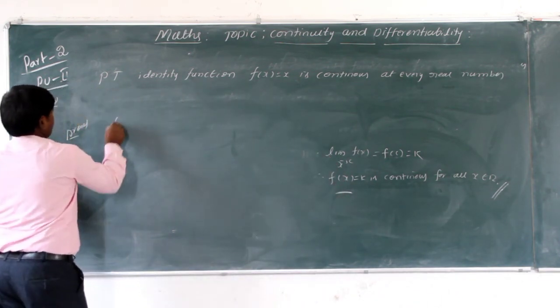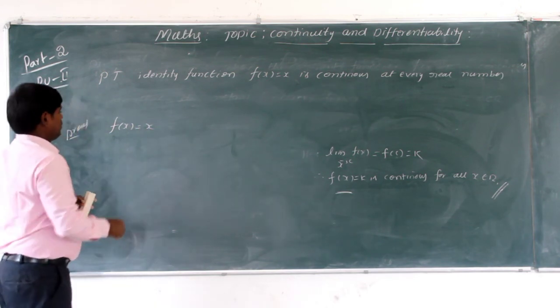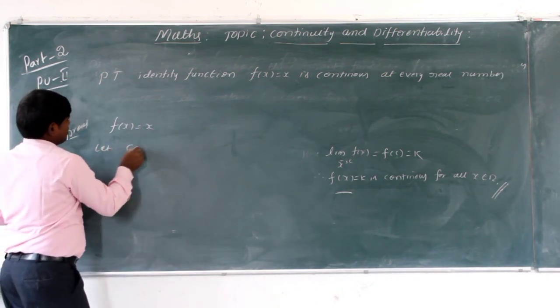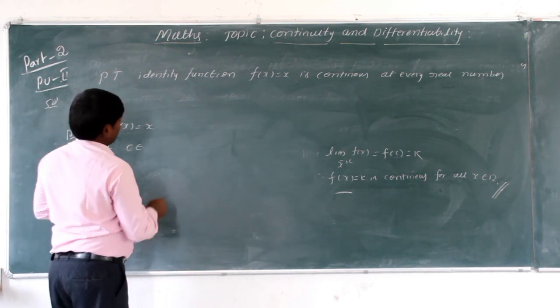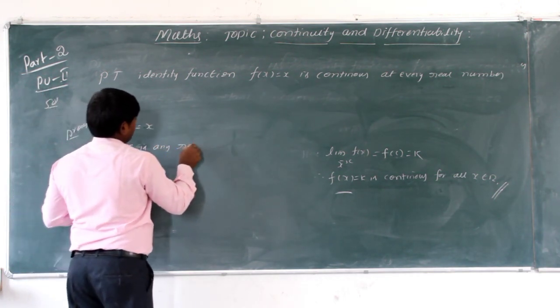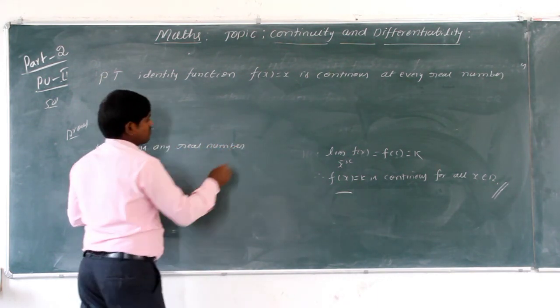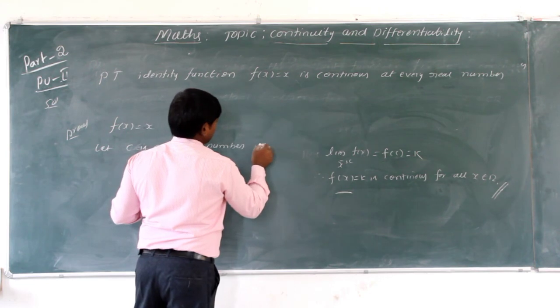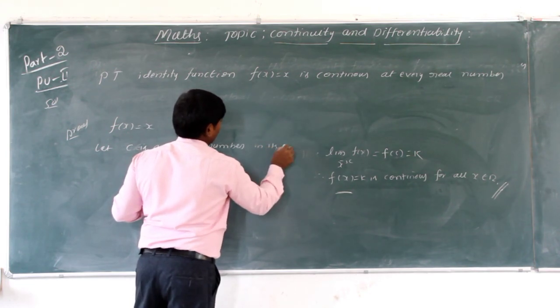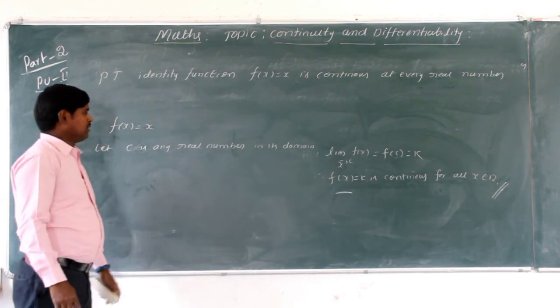The given function is f of x is equal to x. Okay, so let c belong to any real number, c is any real number, in its domain. The domain itself is the real numbers.